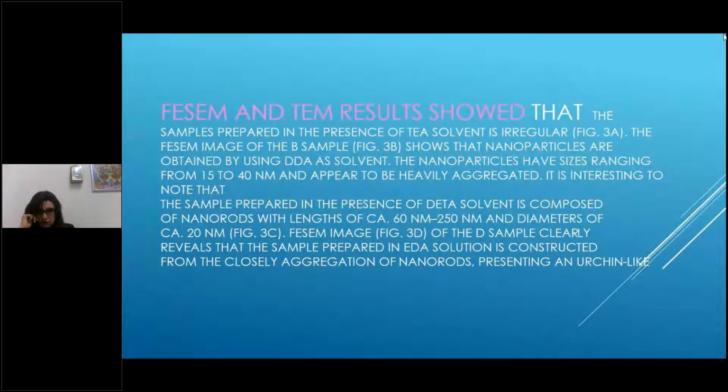It is interesting to note that the sample prepared in the presence of the other solvent is composed of nanorods with lengths of 60 to 250 nanometers and diameters of 20 nanometers. FESEM images clearly reveal that the sample prepared in the EDA solution is constructed from the closely packed aggregation of nanorods.